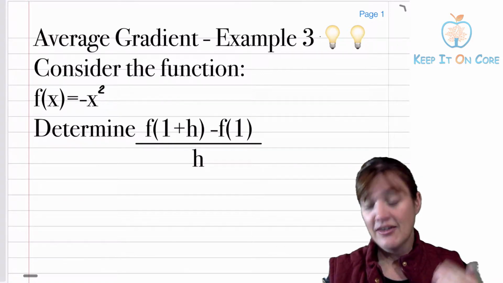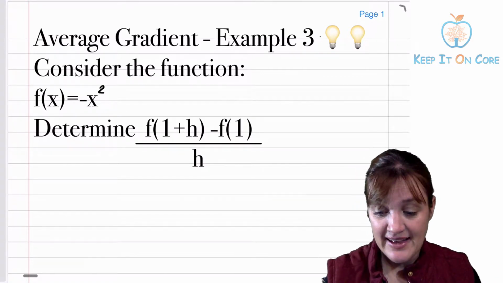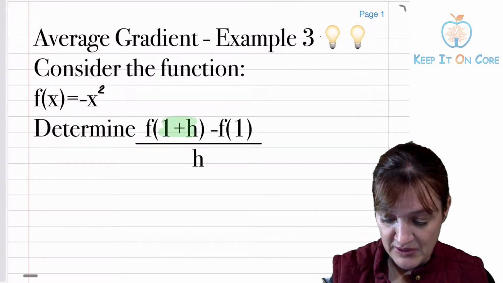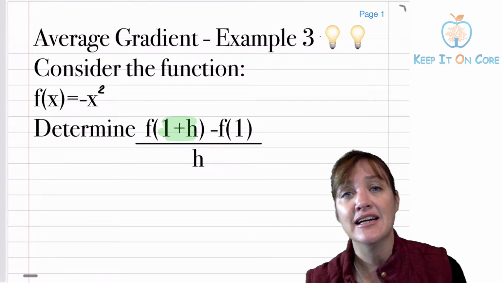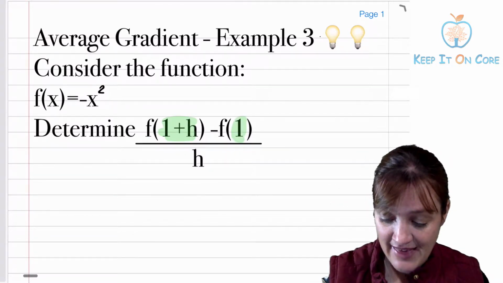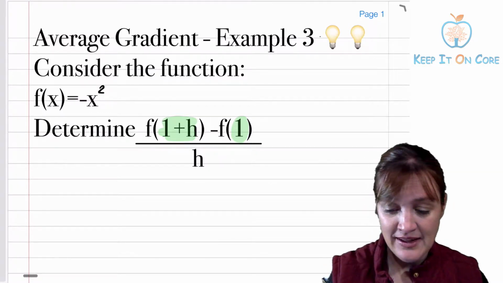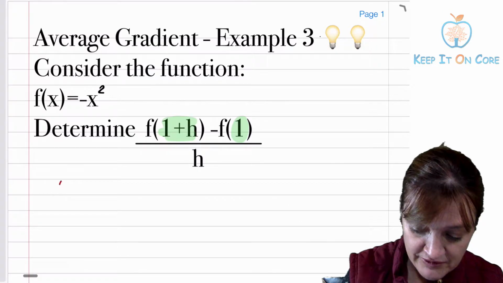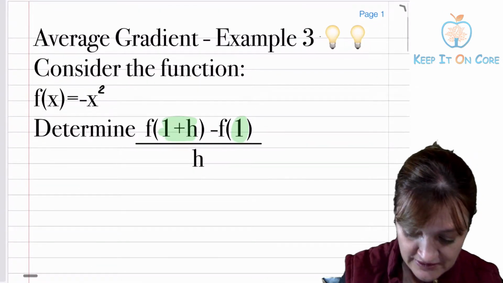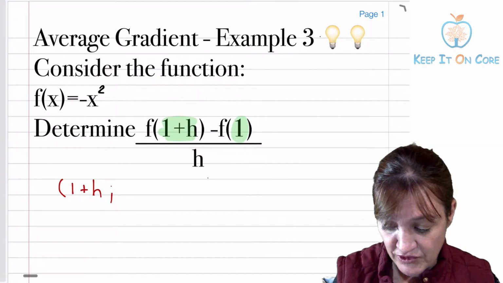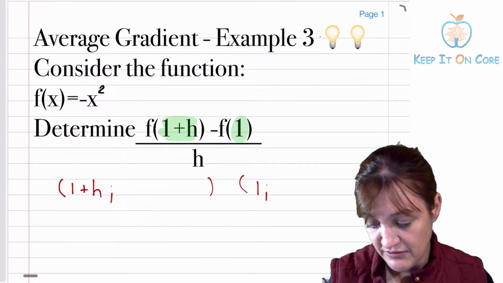The only thing to really note here is that x1, the first x variable we're working with, is 1 + h, and don't worry that it's got an h in it, it's okay. The other x variable is 1. Just like all the other examples up until now, if we've got the x coordinate, the first major thing you have to do is work out the y coordinate for each one.